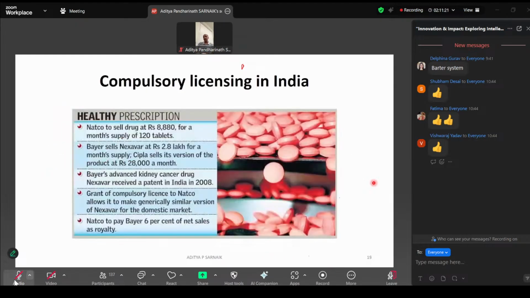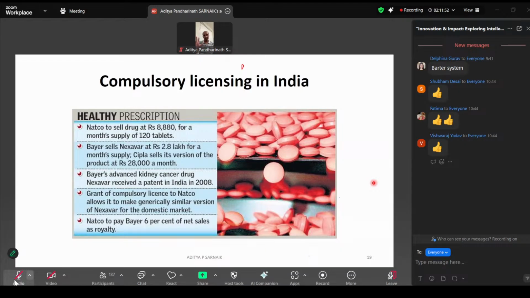That means if NATCO said, I want to send this drug to Nigeria, because they do not have enough infrastructure to make it, then the Indian government can make Bayer compulsorily license that particular drug to NATCO so that NATCO can make that drug at a lower price and export it to Nigeria and sell it there. So that comes under the Doha Declaration.